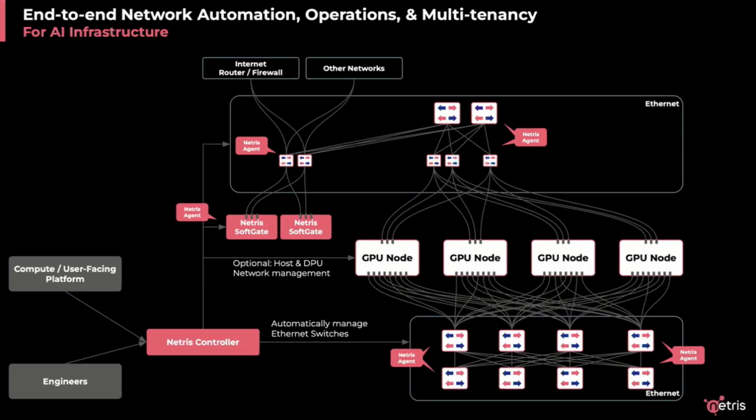And that agent also configures SuperNIC, that also configures DPU. And in the future releases, we will also support granular multi-tenancy through terminating VXLANs, VRFs, and other constructs directly on the DPU inside the server.